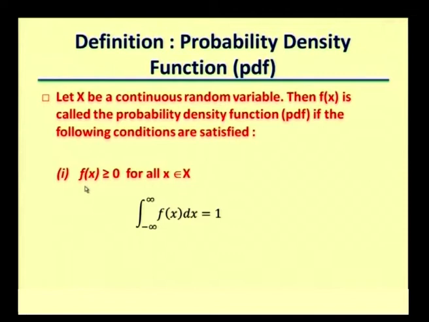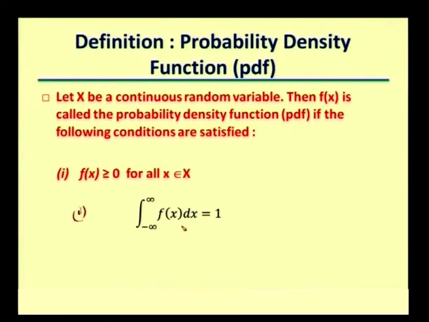The first condition is again that f of x defines a probability, so it should be greater than or equal to 0 for all x belonging to the capital X. This capital X is going to be an interval because it is continuous. The second condition is that the total probability is equal to 1.